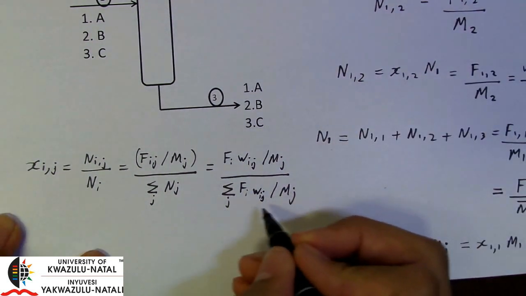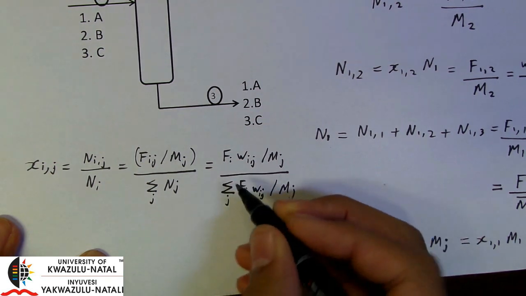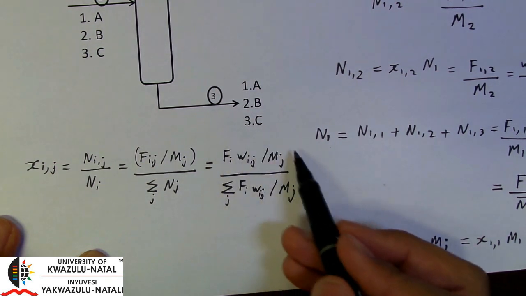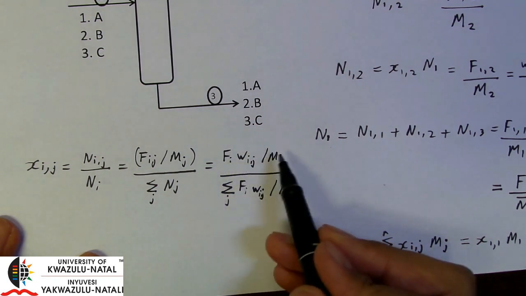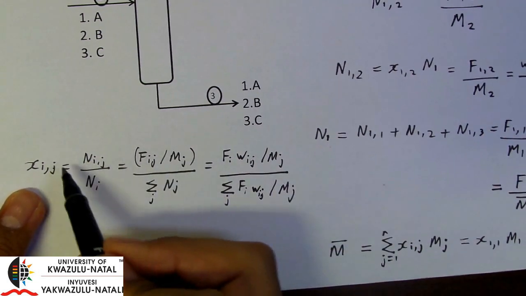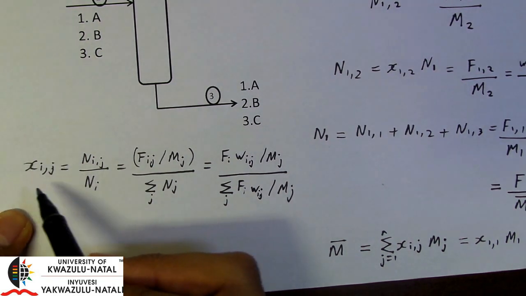So we are summing up all of our components in this denominator here, and this is the mass flow rate of the component in question. Remember that this is ultimately what we want to obtain.